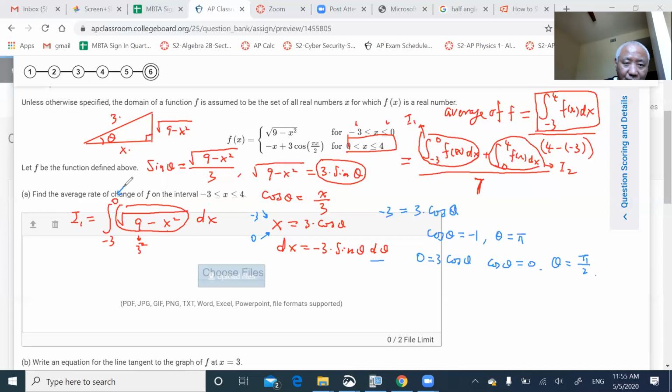So that means this boundary is pi over 2, and this boundary will be pi.